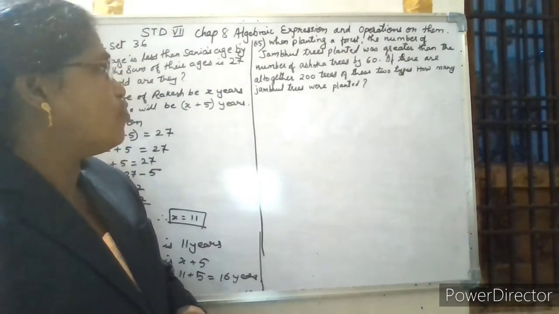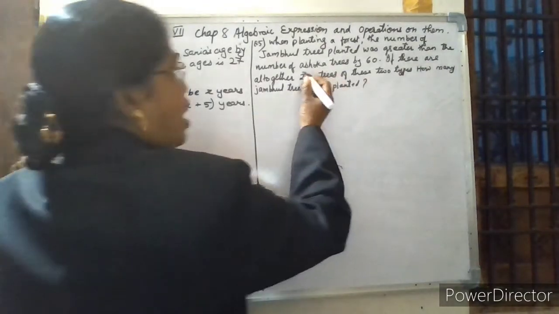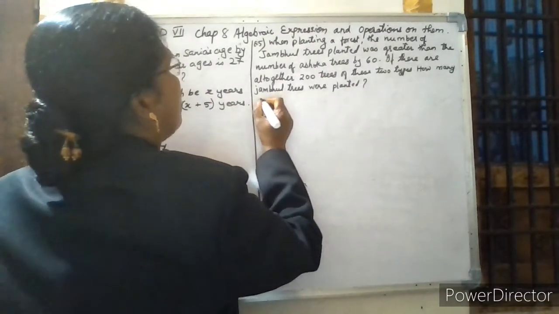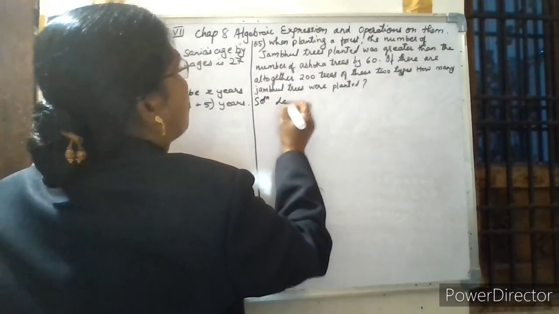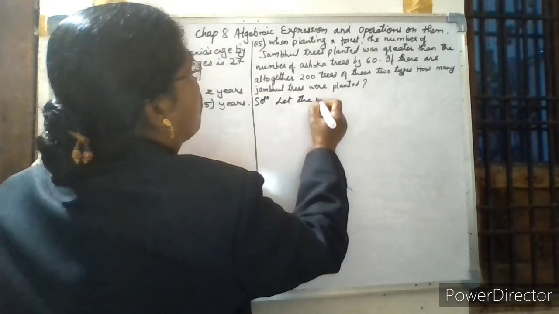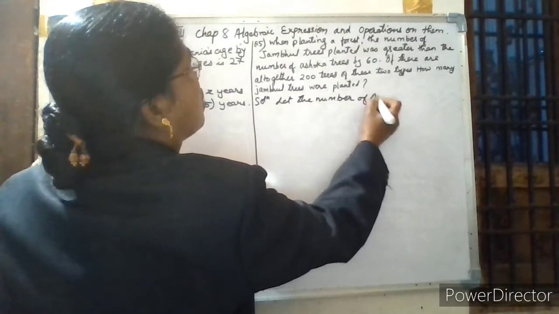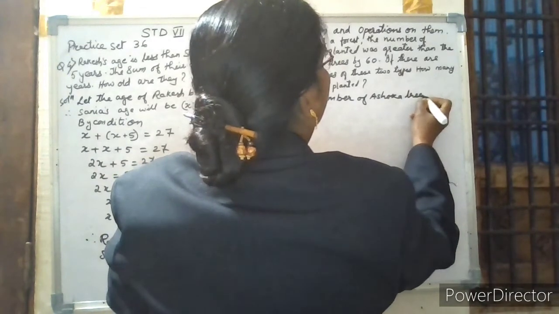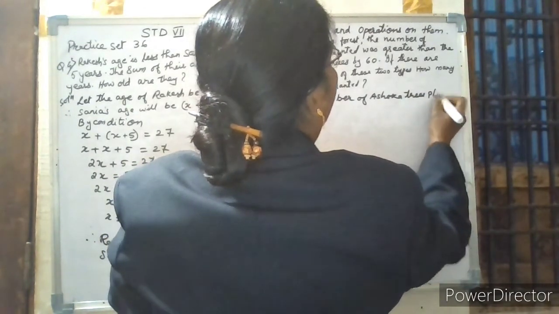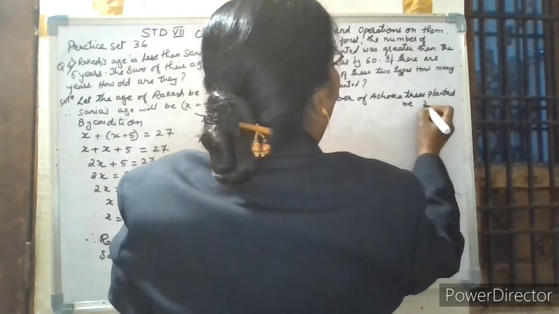So let us take, Jambul trees were more and Ashoka trees were less. So let the number of Ashoka trees planted be X trees.